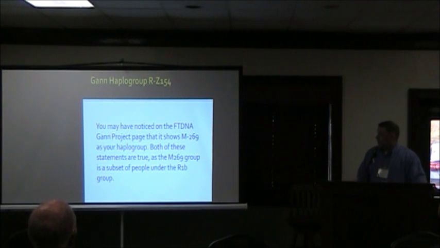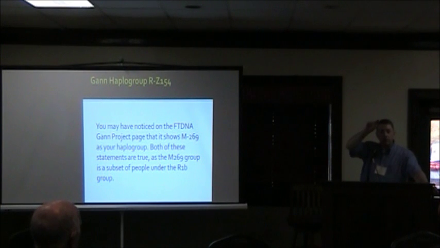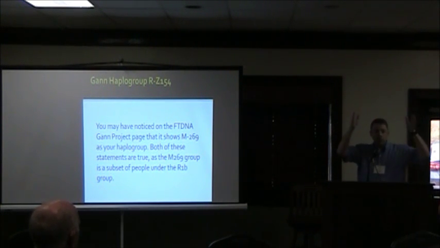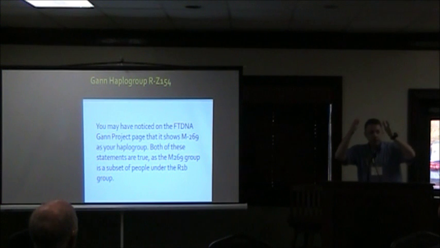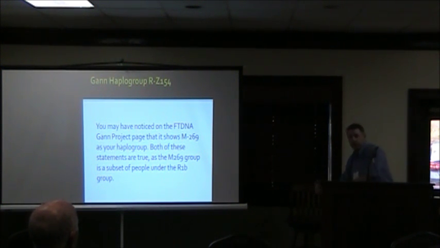Both of these statements are true. You may have noticed that the Family Tree DNA page shows M269, and that's a major branch of the R1b. Now R1b is the haplogroup, and they have smaller groups under that, and smaller groups under that, and it keeps going.